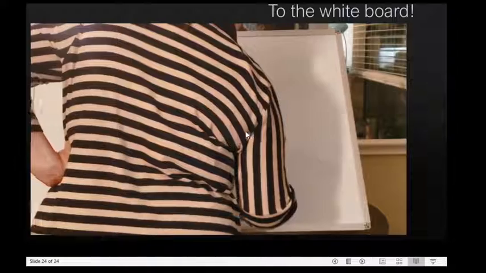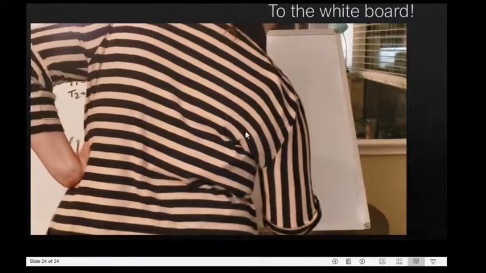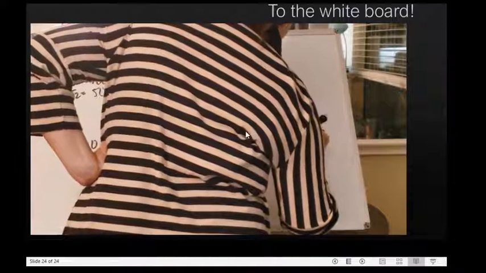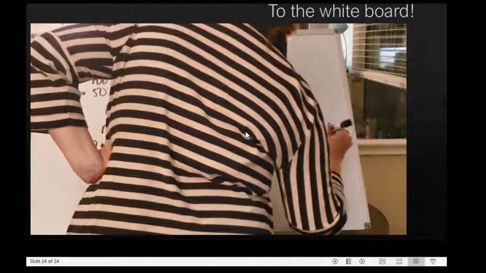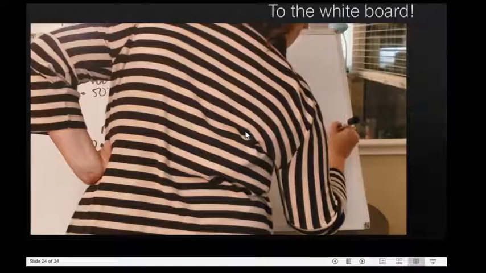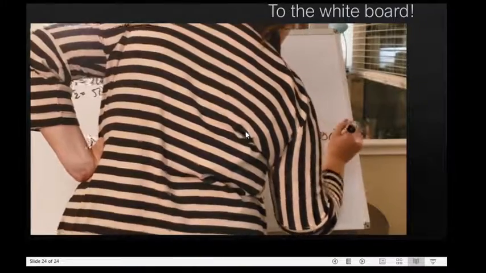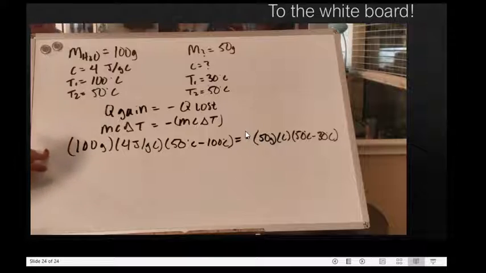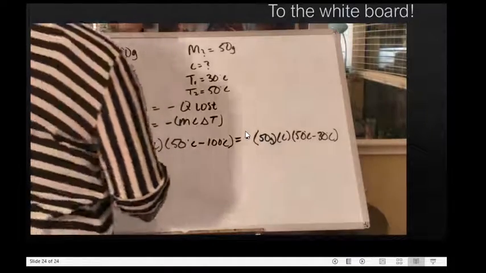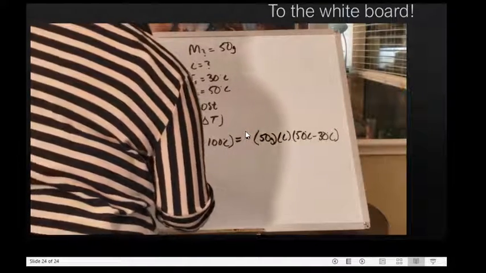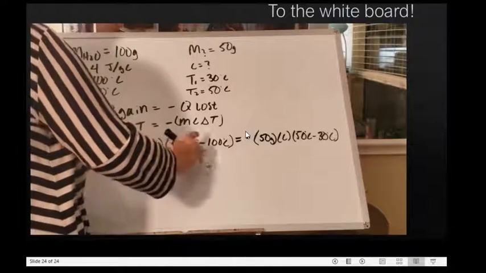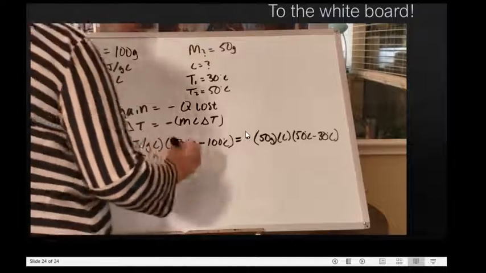I'll set that equal to negative mass, we don't know C, change in temperature, so the T2 minus the T1. So when we multiply all this out, we get negative 20,000. This gram and that gram cancel. This Celsius and that Celsius cancel. So we're left with joules.